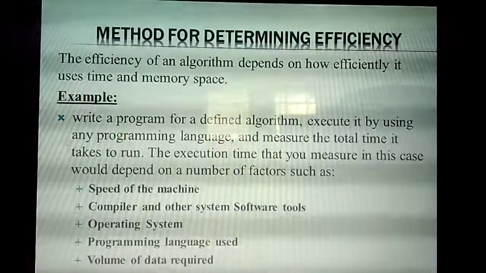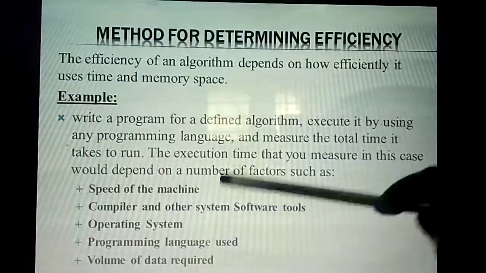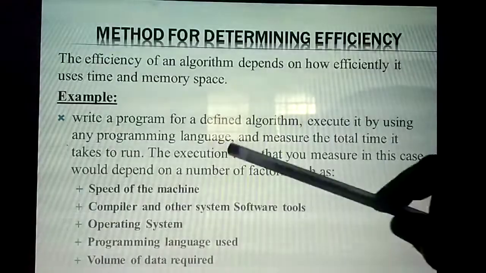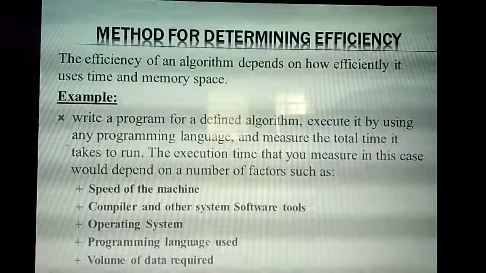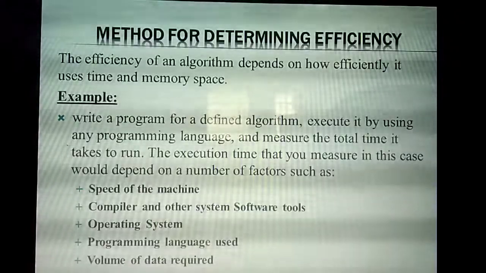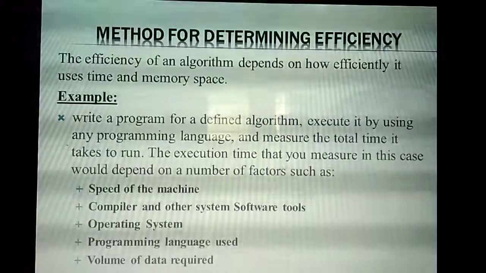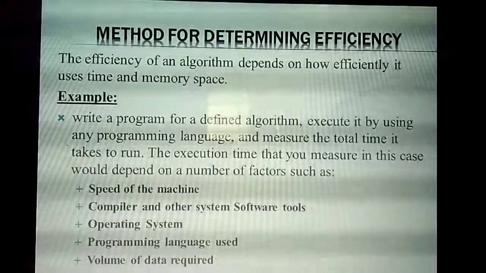To measure that efficiency, what do you need to find out? First, the speed of the machine. You need to depend on the execution. If you are running the program, will the running capacity be the same on all systems? No. To determine efficiency we always need to take care of two factors.